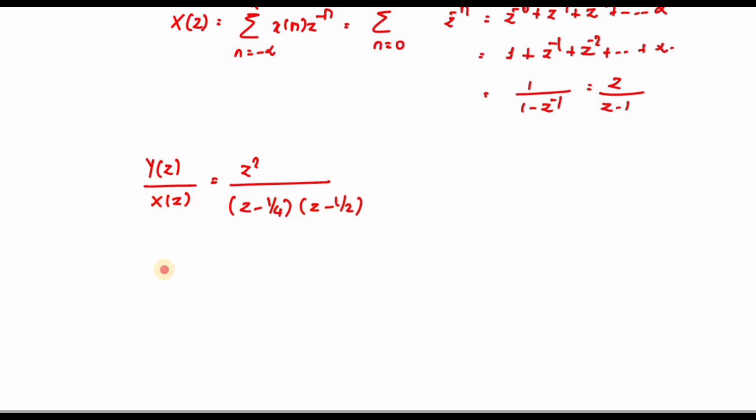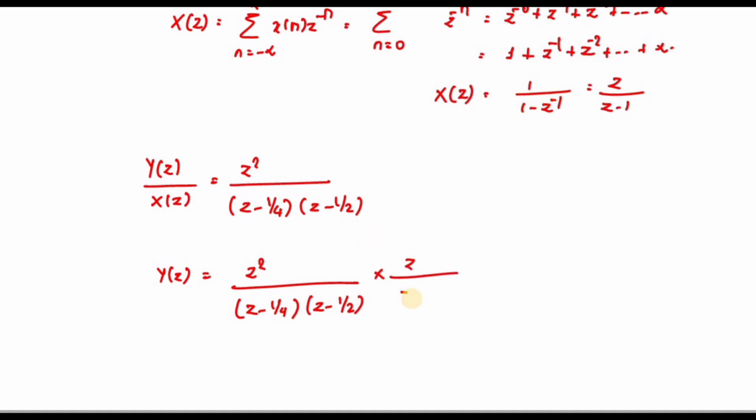So now I am going to substitute Y of z. Y of z is equal to z square divided by z minus 1 by 4, z minus 1 by 2. So I am going to substitute this X of z value, right? This is my X of z value here. Okay, so z divided by z minus 1.